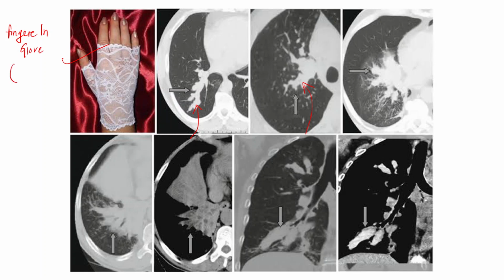It is also known as toothpaste shadow or tram track lines. And ABPA can also produce tree in bud appearance.